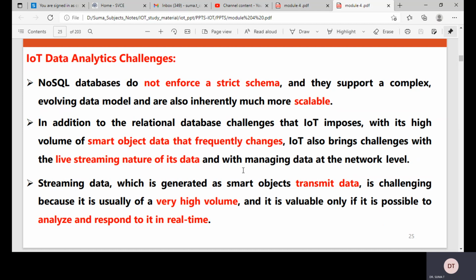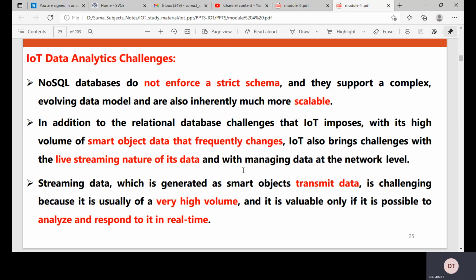So IoT also brings challenges with the streaming nature of the data and with managing the data at the network level.